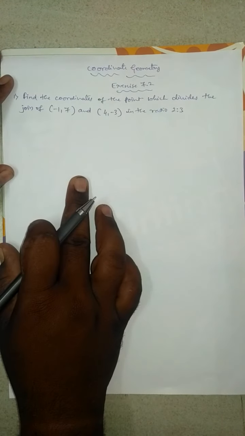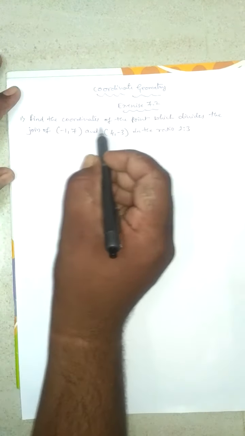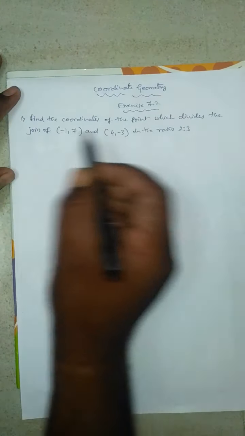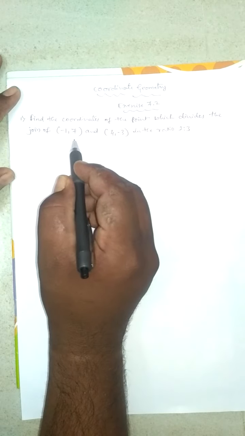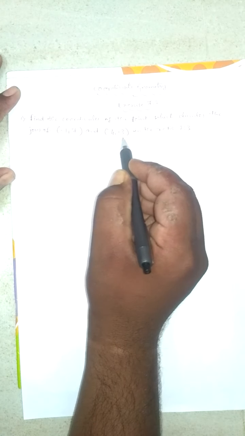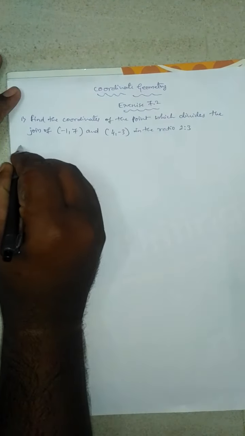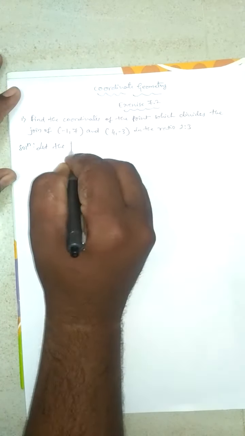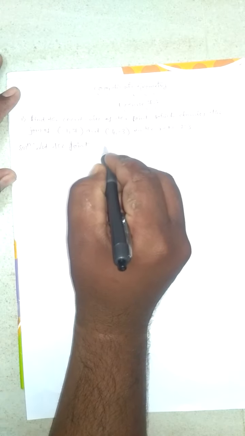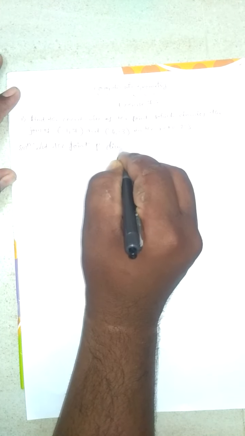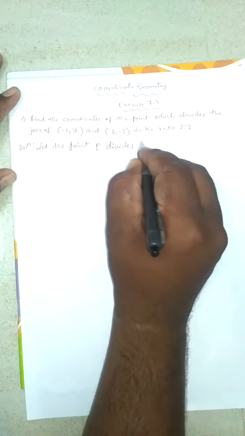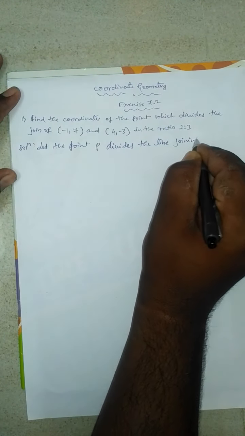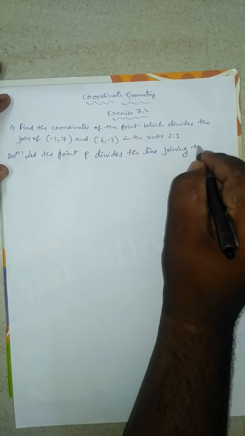Now we have to go for the solution. Find the coordinates of the point which divides the join of -1, 7 and 4, -3 in the ratio 2:3. So here we have to write the solution for this. Let the point P divide the line joining the points.